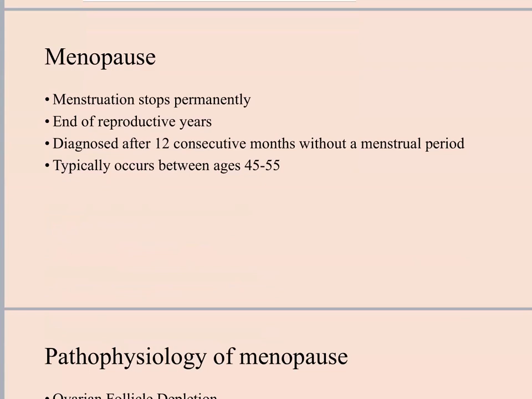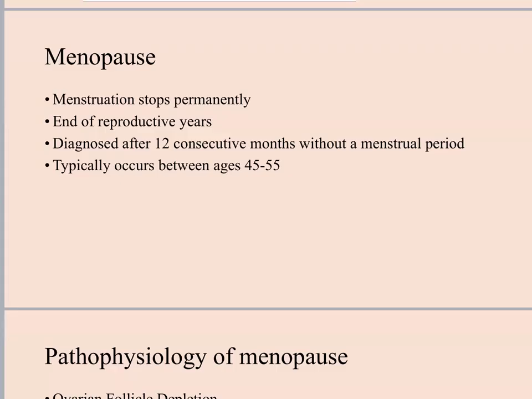Menopause is the complete cessation of menstruation. It is the end of reproductive years. Women cannot make a baby after menopause. And it's diagnosed after 12 consecutive months without a menstrual period.